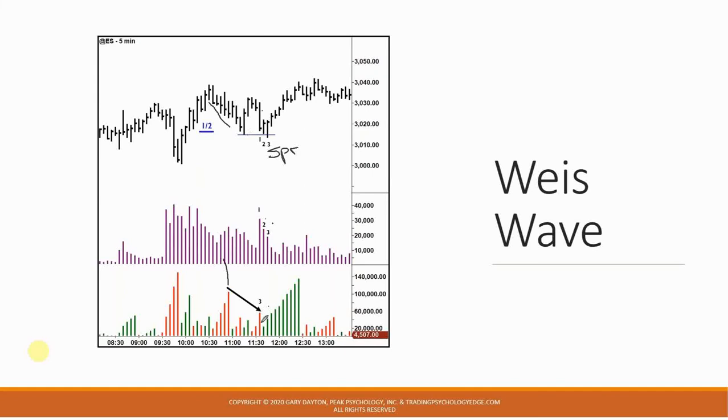It also gives us a climactic action type of indication. You can see that on the Weiss wave, the normal Weiss wave bars here, like for example here, go up nice and smoothly, right? Every new bar goes up basically the same amount as before.